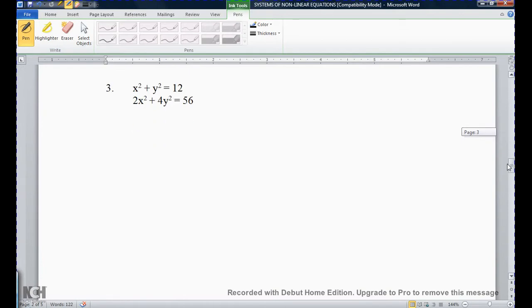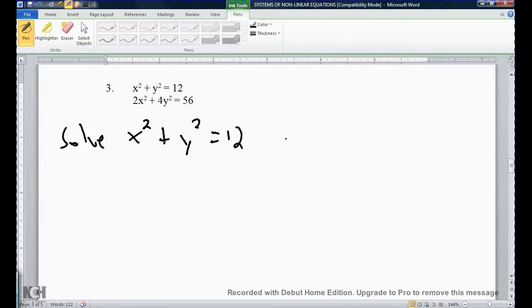Let's do this next one. Now this one, you'll notice we have all x squares and y squares. Now what I'm going to do, I'm going to take x squared plus y squared equals 12, and I'm going to solve for, it doesn't matter which one I solve for, x squared or y squared.